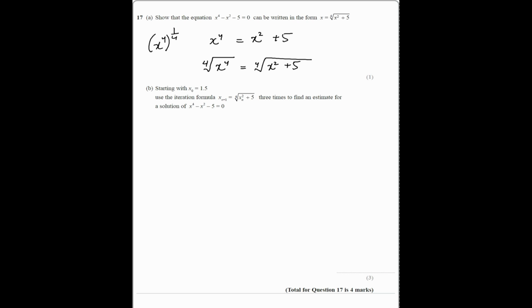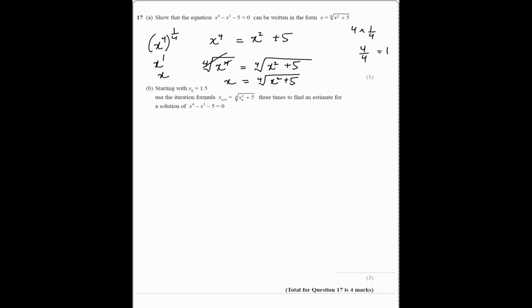According to the rule, you multiply power with power: 4 times 1 over 4 means 4 over 4, and 4 divided by 4 is 1. So that would be x to the power of 1, which means x. Therefore, we can cancel the 4 with the 4th root, and then we will have x equal to the 4th root of x^2 plus 5.